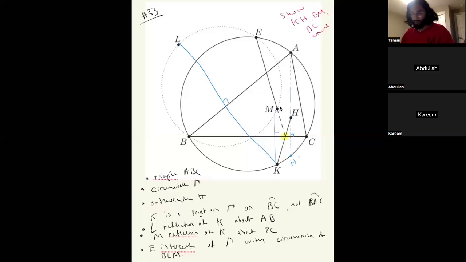So how can we use that here? Remember the relation between K and M is reflection over BC, and that's the same as the relationship between H and H prime.